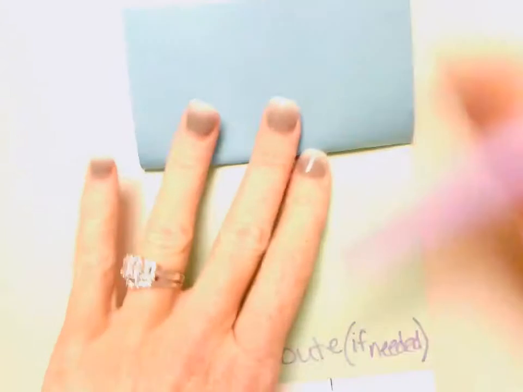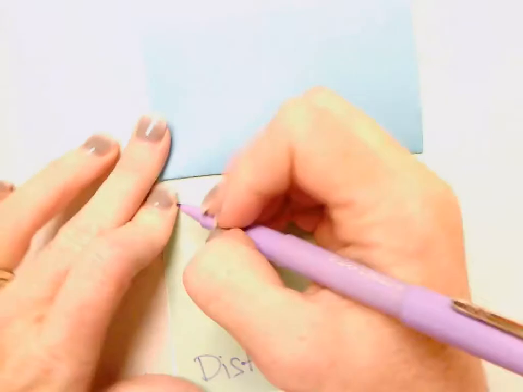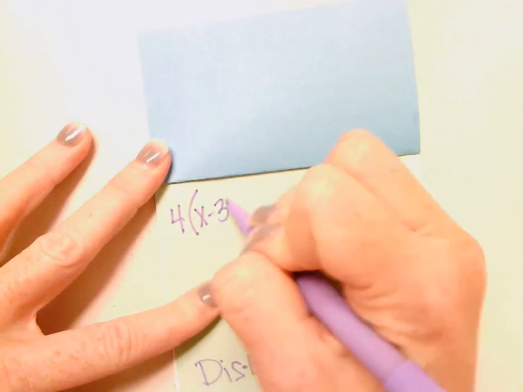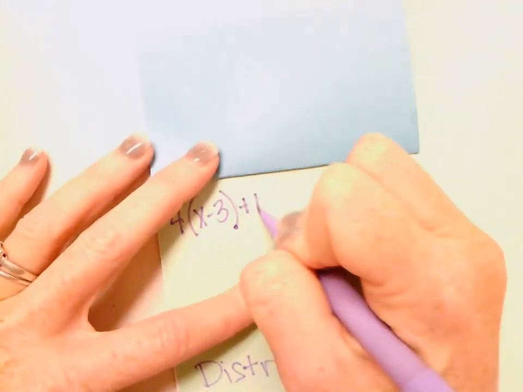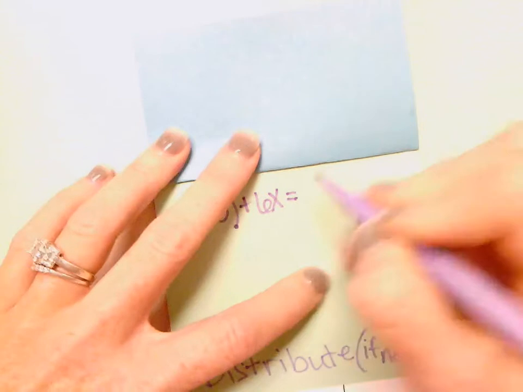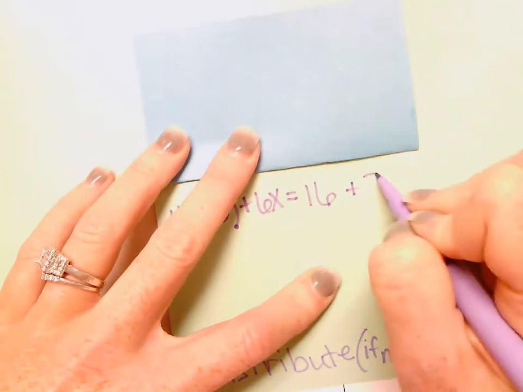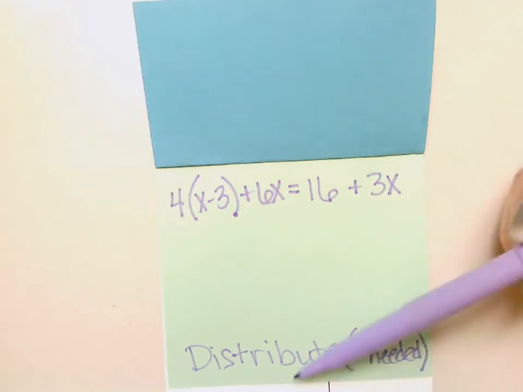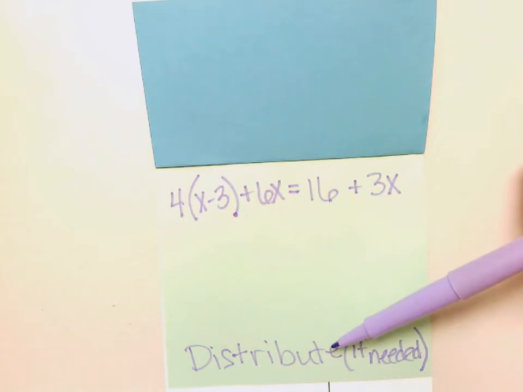Okay, so the problem that we're going to look at is 4 parentheses x minus 3 plus 6x equals 16 plus 3x. Okay, so the first one is to distribute.